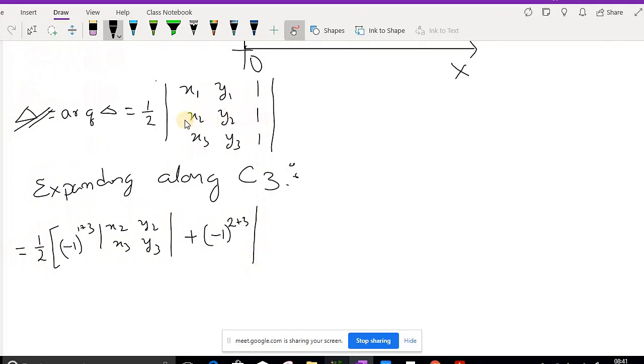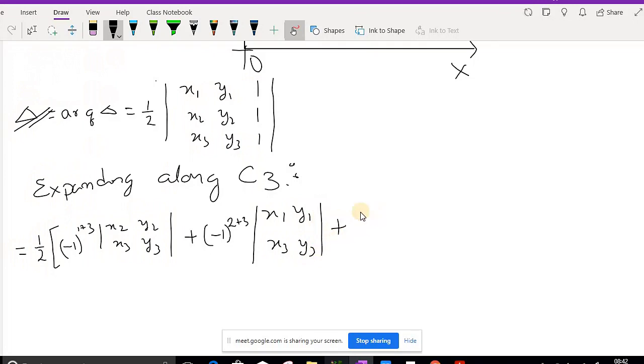Leave the row and column containing this element and write the remaining determinant, so this will be x1 y1 and x3 y3.